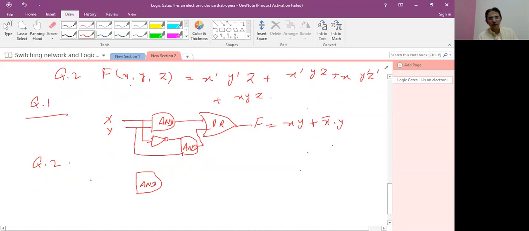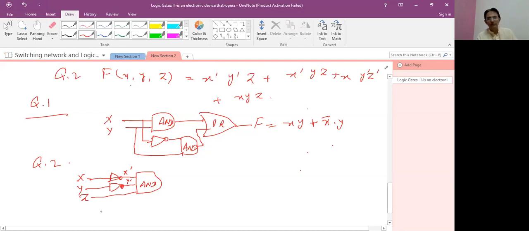The first one is the complement of X, and Y complement. Both are multiplying, and the third input is Z. So X complement, Y complement, and Z go into an AND gate.